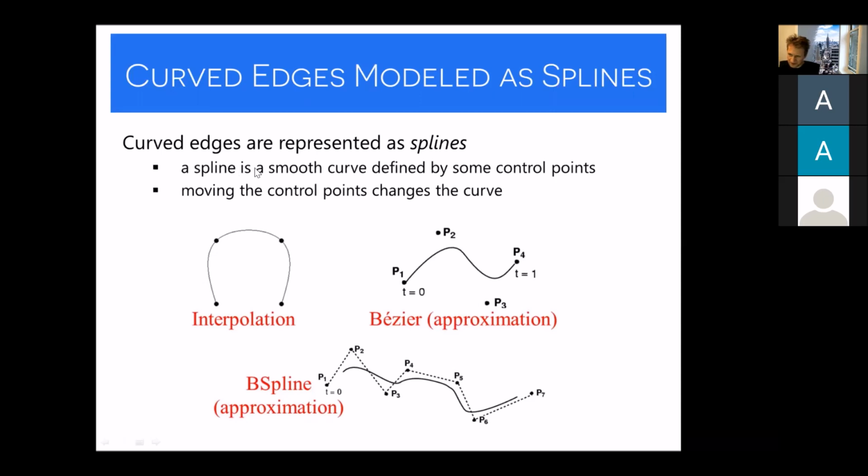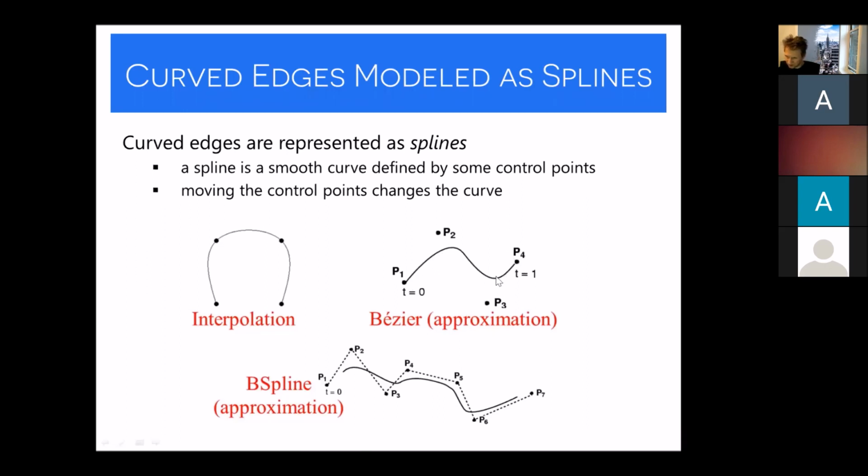Basically, a spline is a smooth curve defined by control points. You need to know something about parametric interpolation. We represent a general curve as a parametric line, where the parameter t is 0 here and 1 here.